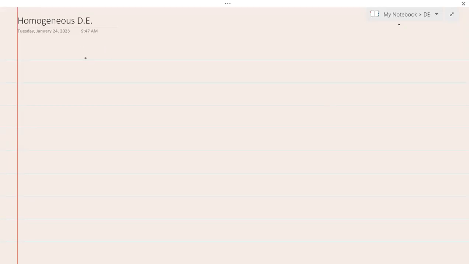Kapag meron kang given na first order differential equation, kunwari, x times dy all over dx plus 2y is equal to 0. So kapag magka-partner si dy all over dx as a fraction, then on the right side ng equation, naka-0 siya, ibig sabihin homogeneous.